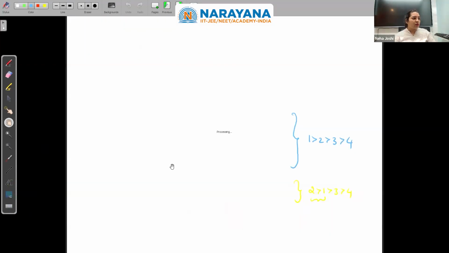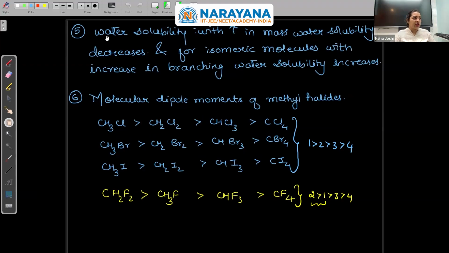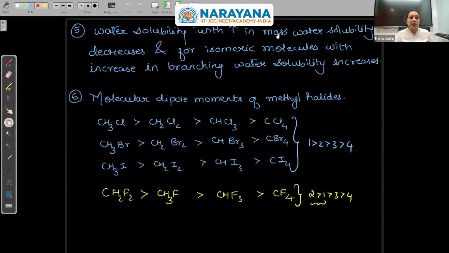Okay, so coming back to where we were, we have discussed the density. Water solubility: with increase in mass, water solubility will decrease, because with increase in mass the alkyl part is being increased, which is hydrophobic.